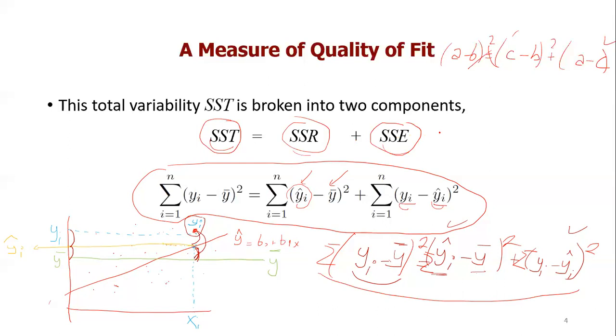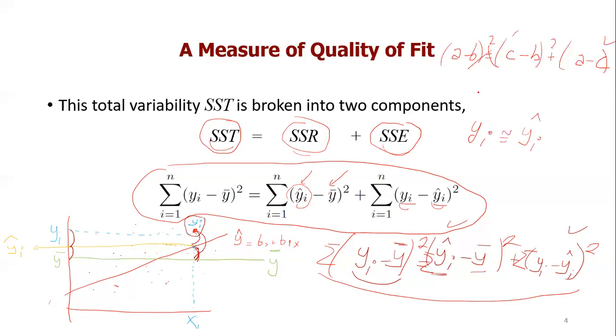So if you have a good model, if you have a perfect model, what you will observe is that your model is so good that there is a very perfect relationship between y and x, so that yi is almost equal to yi hat.